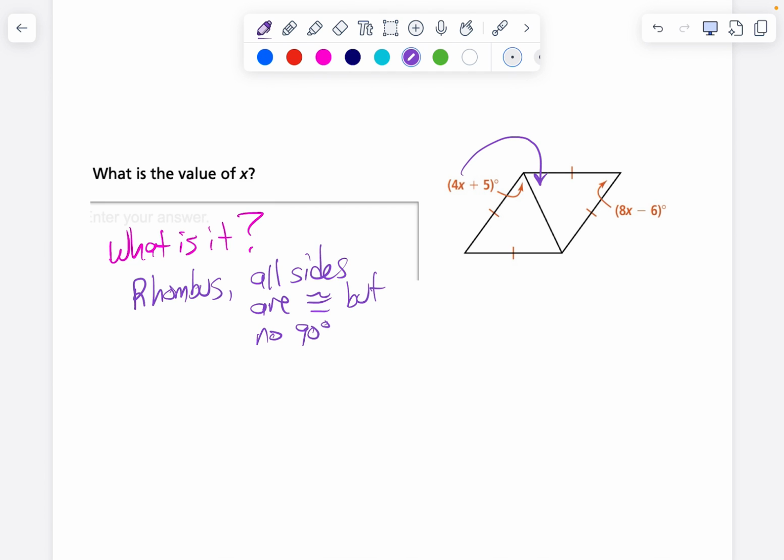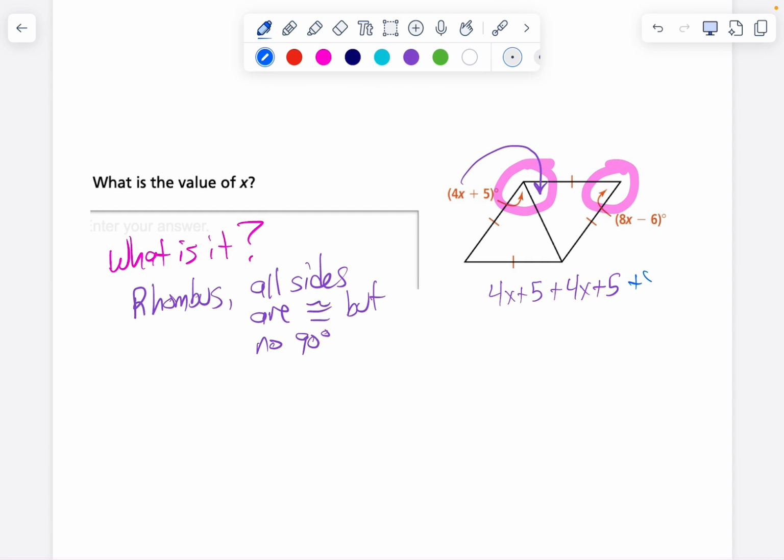Can we copy that right there? Why? Okay. All right. And then what is true about that whole angle and that whole angle in a parallelogram? So we can say plus 8x minus 6, and then that whole thing equals 180.